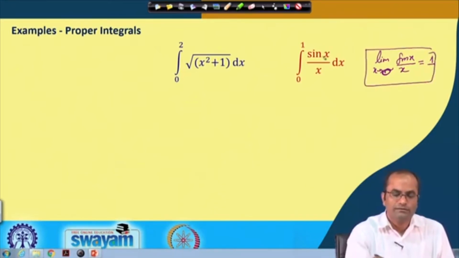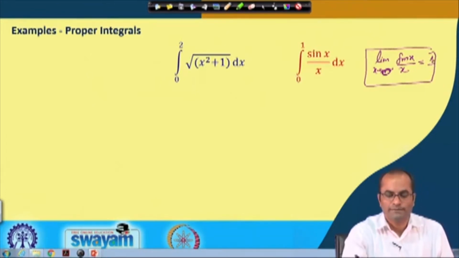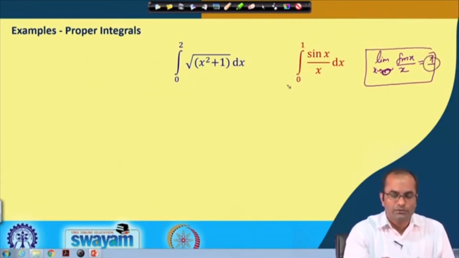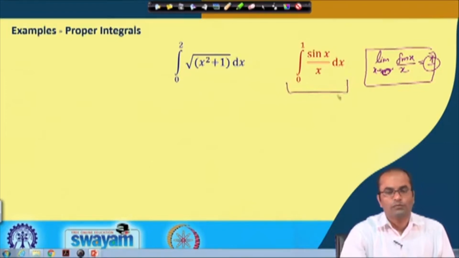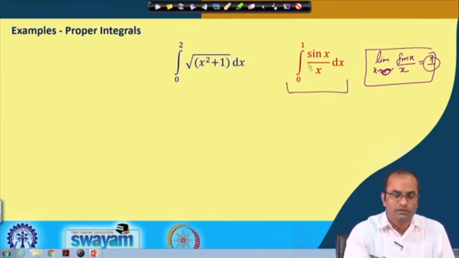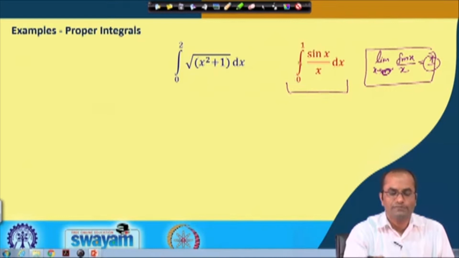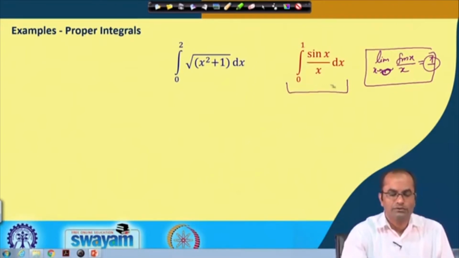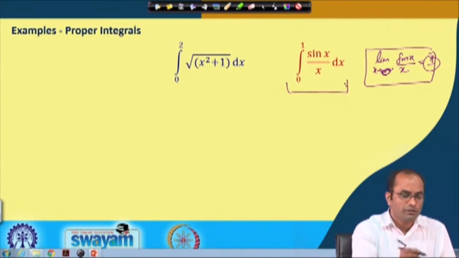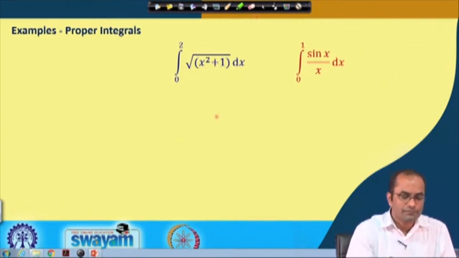So, here the limiting value of this integrand as this x goes to 0 is finite. In that case also we will call this integral a proper integral, because this is not unbounded at any point in the range of 0 to 1, and the limits are also finite, the range is finite. So, this integral is also a proper integral.